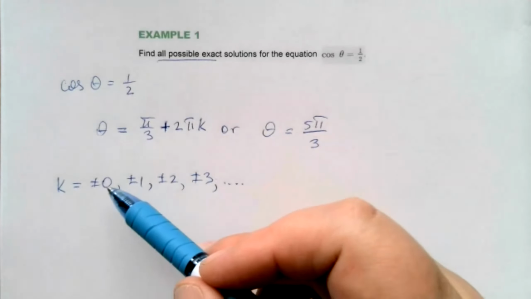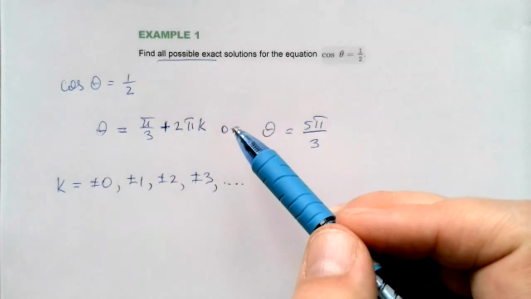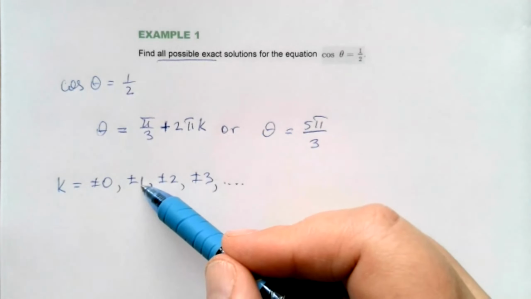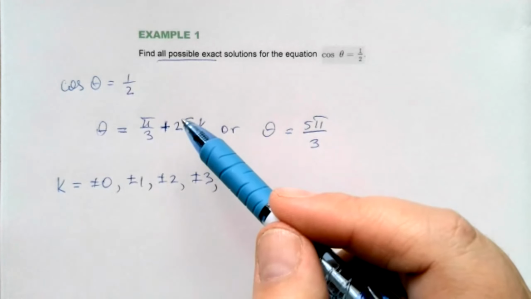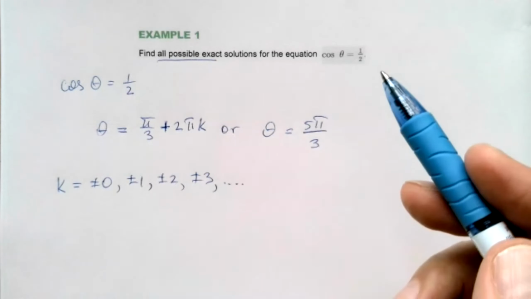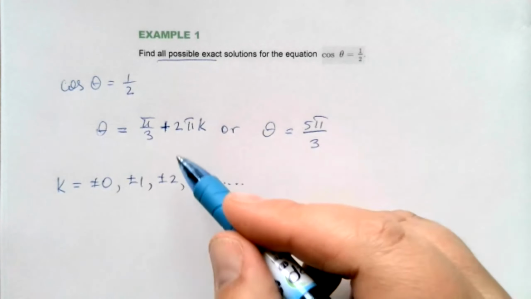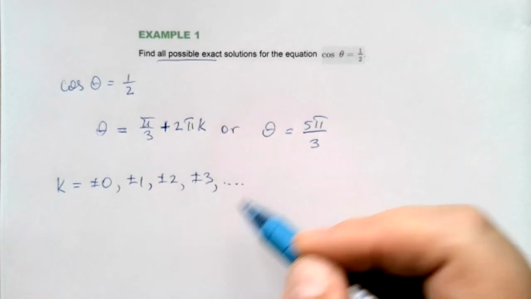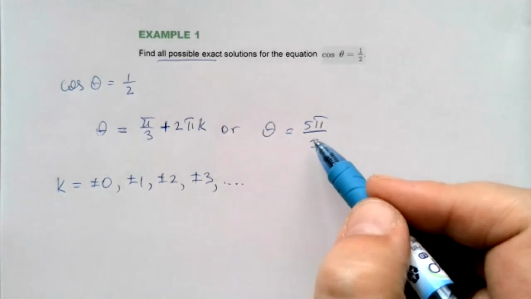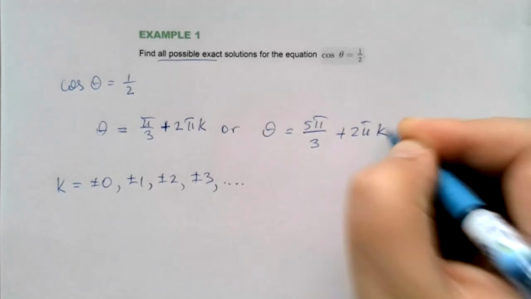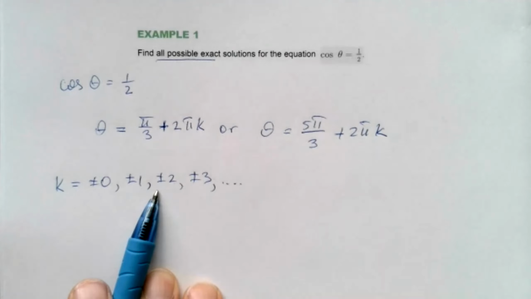So 0 means 0 circles around the unit circle, 1 means 1 time around the circle, 2 means 2 rounds around the circle, and so forth. It could be in a positive direction or negative direction as well. So for this one, we're also going to add 2 pi k, where k is the same value. So that's how you're going to write your answer.